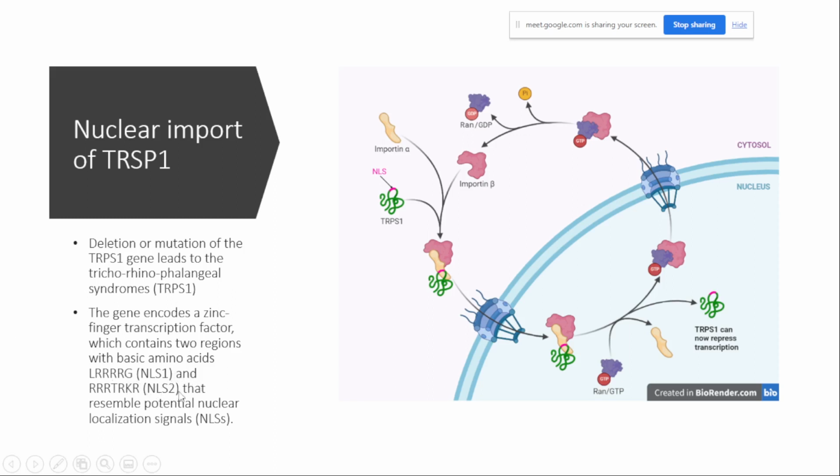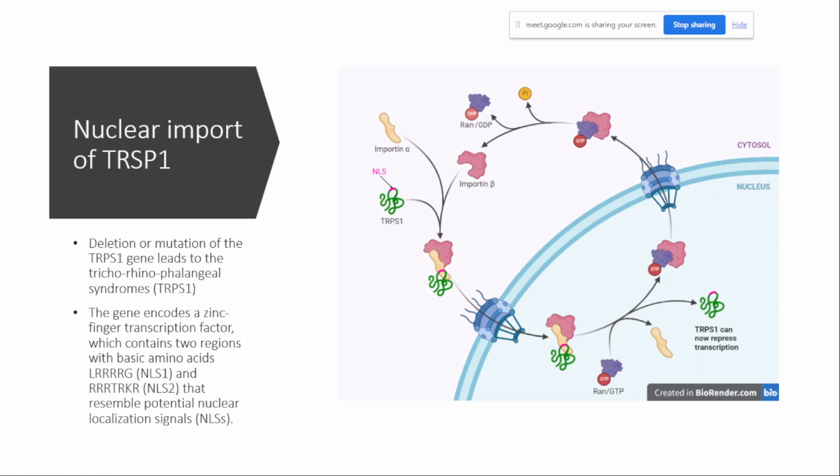Now you tell me, what is the full form of NLS? And why is it required? Okay, no problem. NLS is the nuclear localization signal.